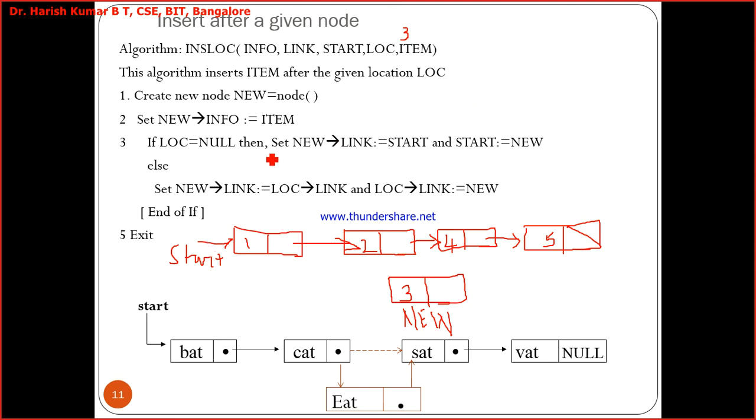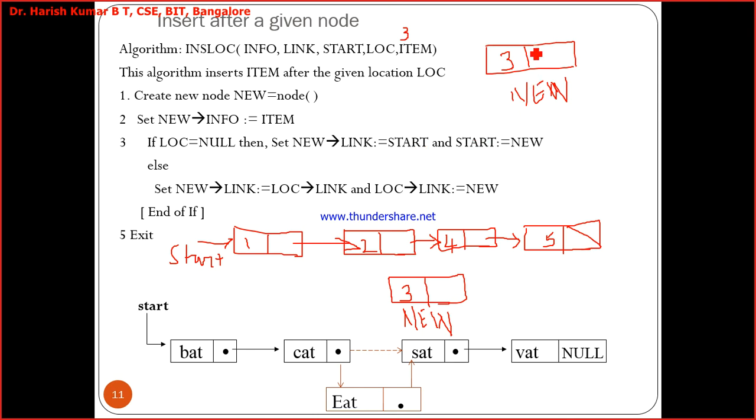Observe now. If location is equal to null, that means the list itself is null. What do you do? The new node which you have created, I'm writing here. This is the new node. Here you write the info field, and in this field, if this itself is the first node, I have to make it null. So new arrow link is equal to start. What is start?